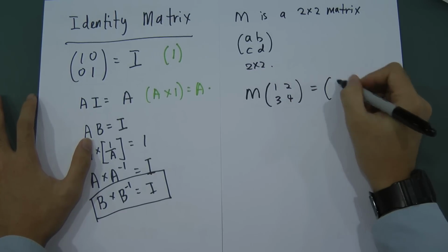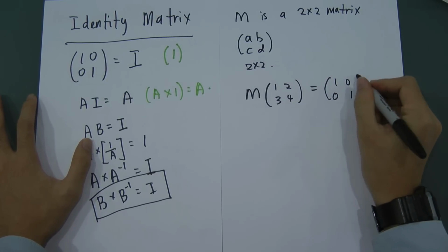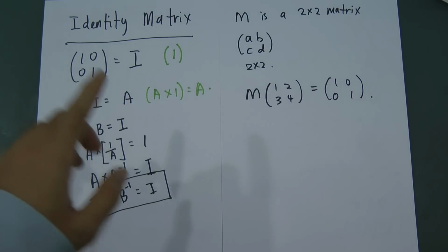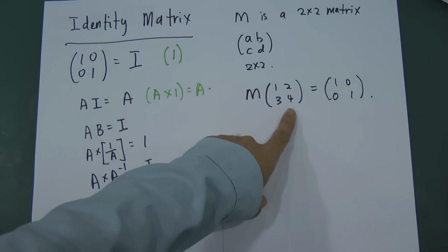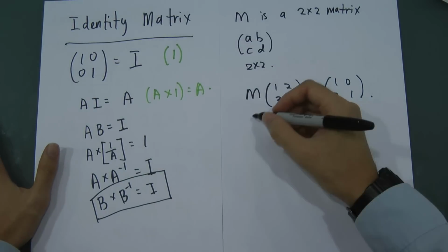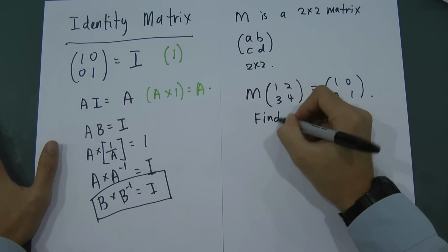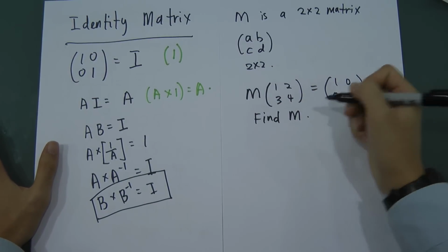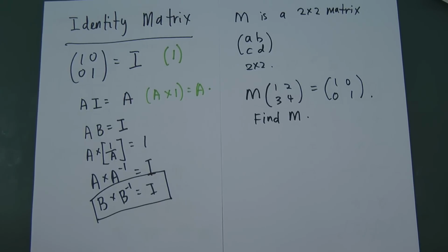I will get 1, 0, 0, 1. That means if M is multiplied by this matrix, I will get 1. Then what is M? He will ask you to find M. Therefore, you have to understand.